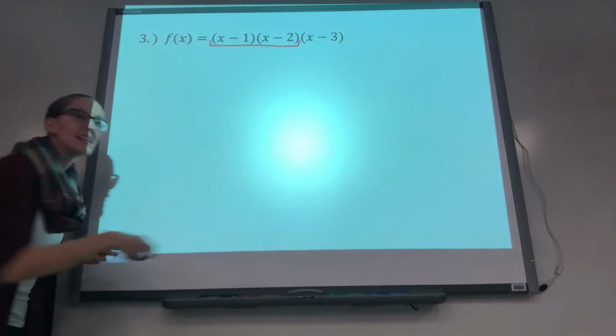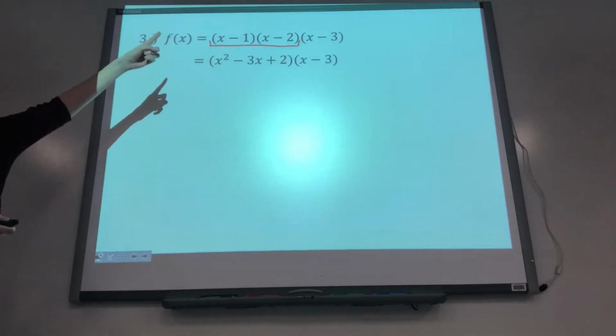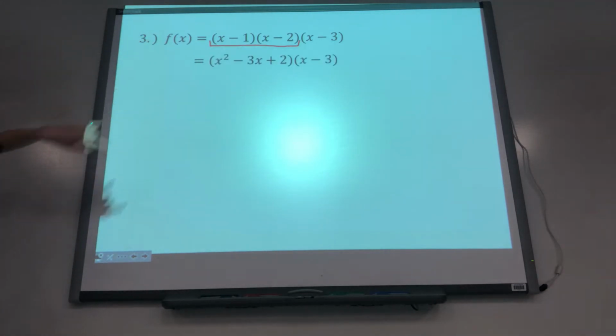And it really doesn't matter what order you go in here. I FOILed out those first 2, but again, I didn't have to do it in that order. I could have gone with the last 2 if I wanted, or the first and the last even. There's a lot of options.